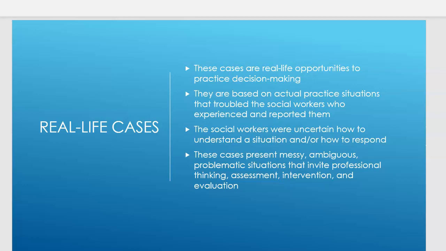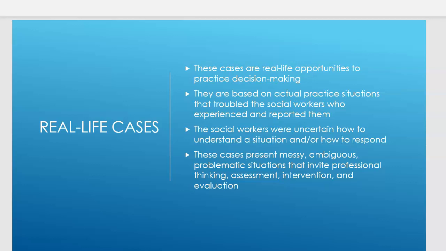Firstly, these cases are based on real-life cases. So they are real-life opportunities to practice decision-making in social work practice. These cases are based on actual practice situations, and they each have a dilemma or some aspects of the case that troubled the social workers who experienced them and who reported them.